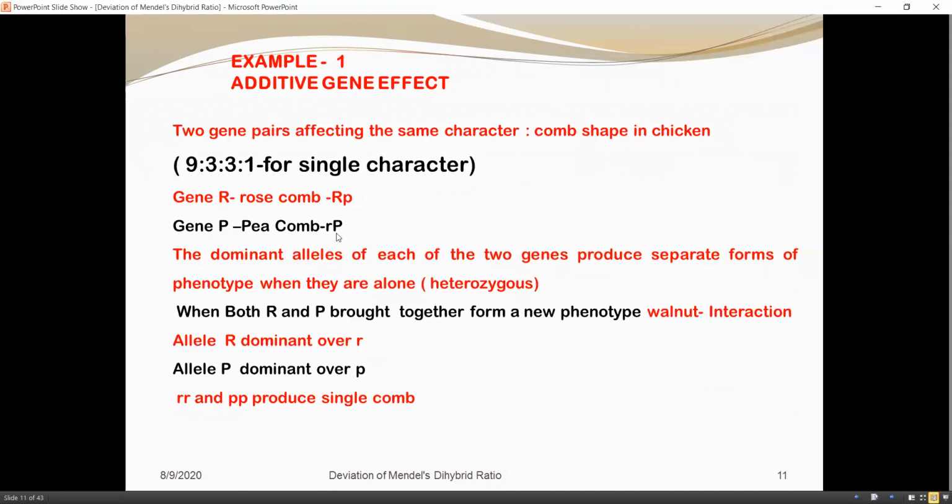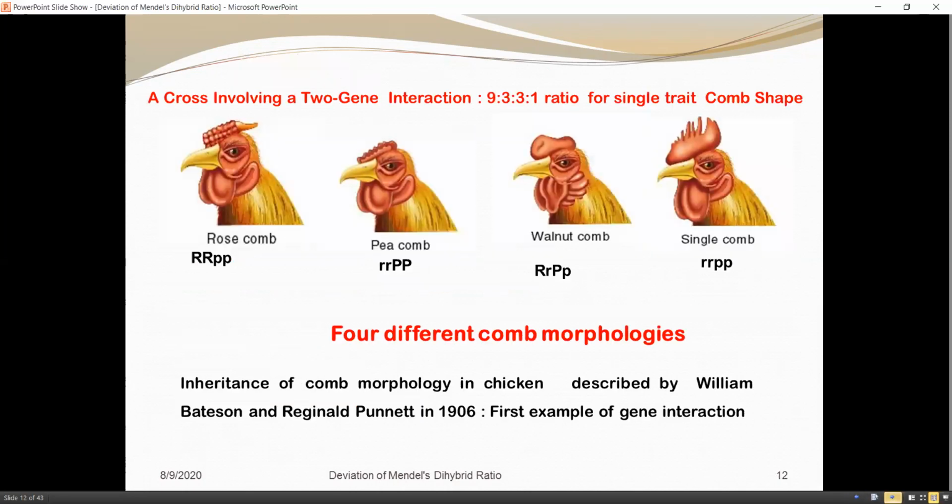When capital P is there, the shape will be pea comb. And when there are both capital R and P, the shape will be a different one, which is known as walnut. And where there is no capital R or P, there will be single. So four shapes are there: rose, pea, walnut, and single, which we can see in the next slide.